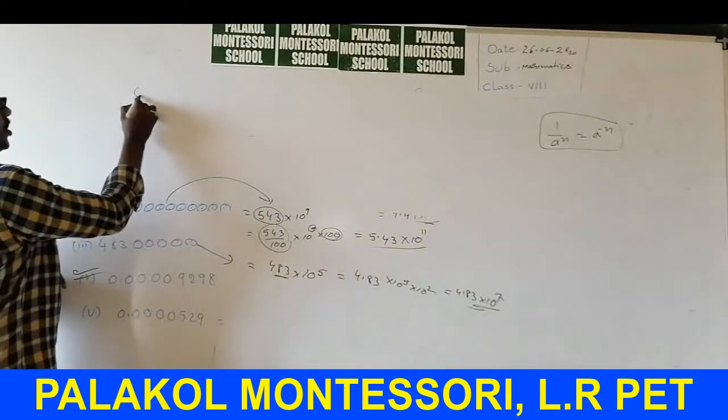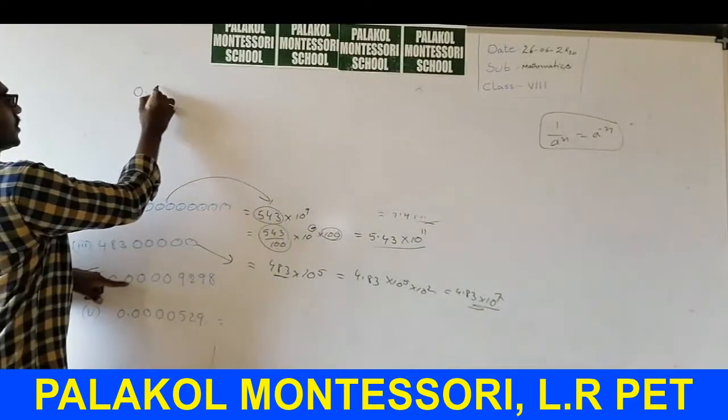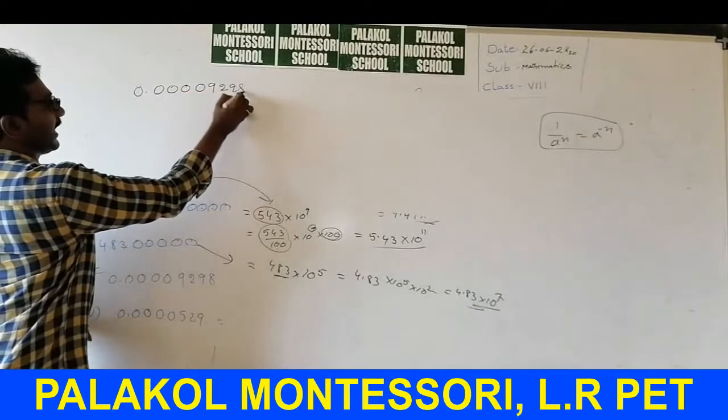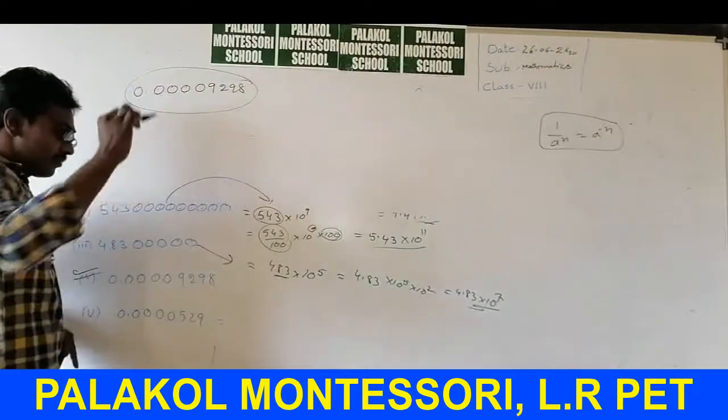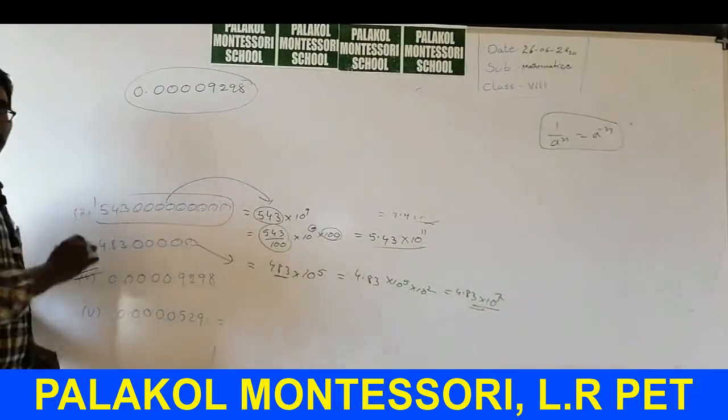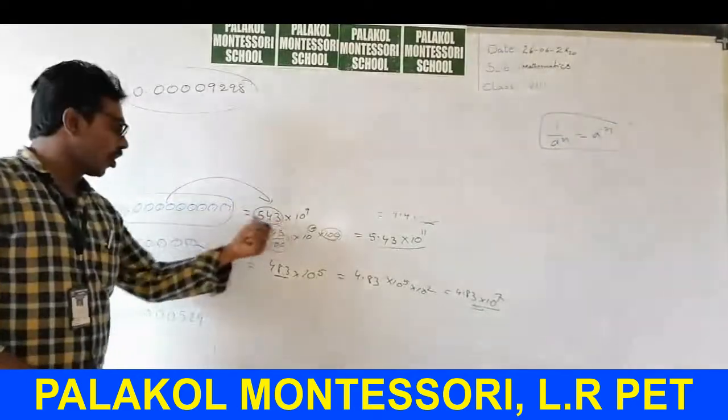See, 0.00009298. Guys, it is a decimal number. Don't forget, the previous one is not a decimal number. In that situation, directly write the number into how many zeros.